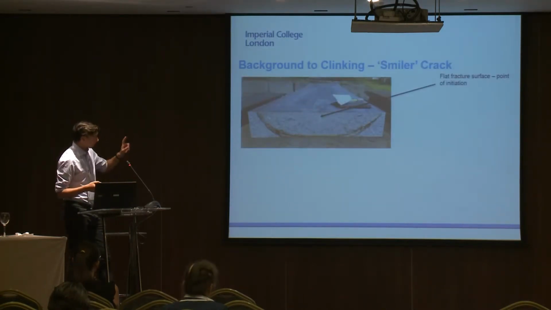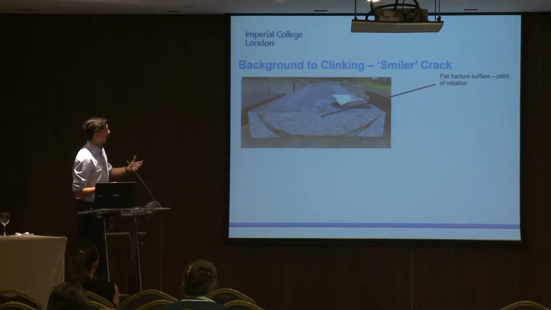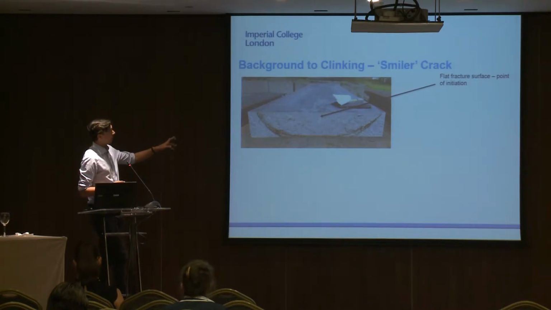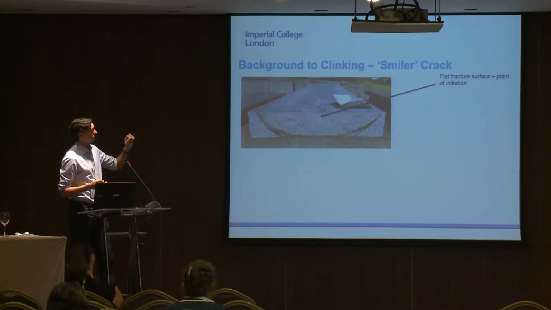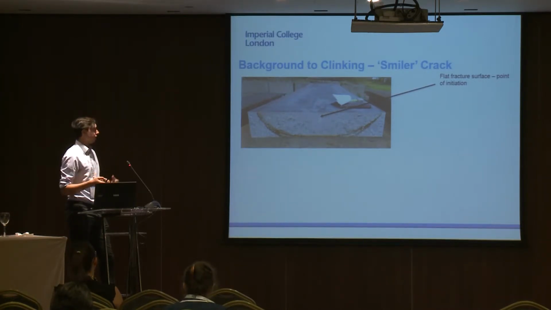So we've taken an image of what a fracture surface typically looks like for a clink crack. What we noted is that where we think the point of initiation is, is quite close to the surface of the slab. This has been noted through various different ways, that people tend to think this fracture point is quite near the surface of the slab.